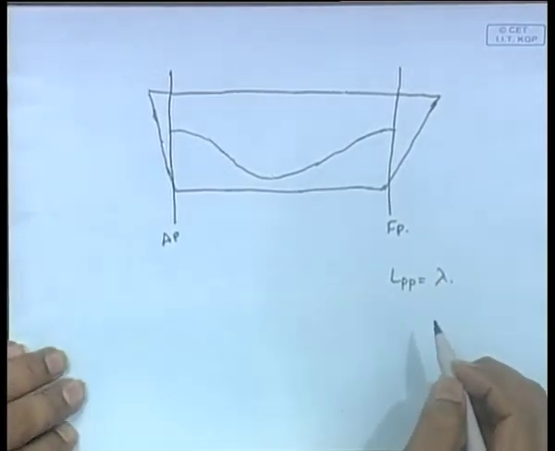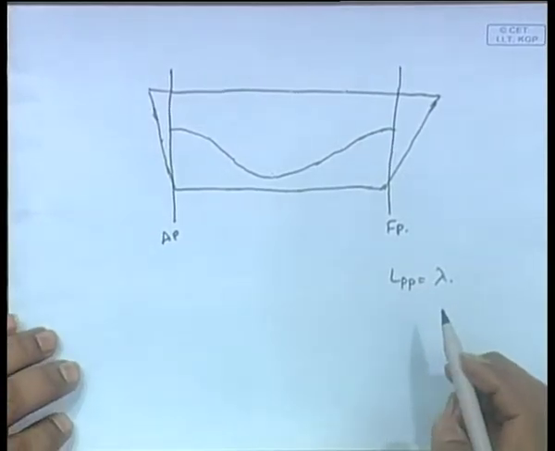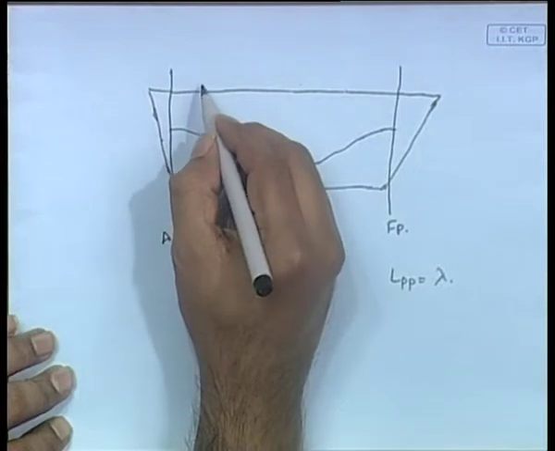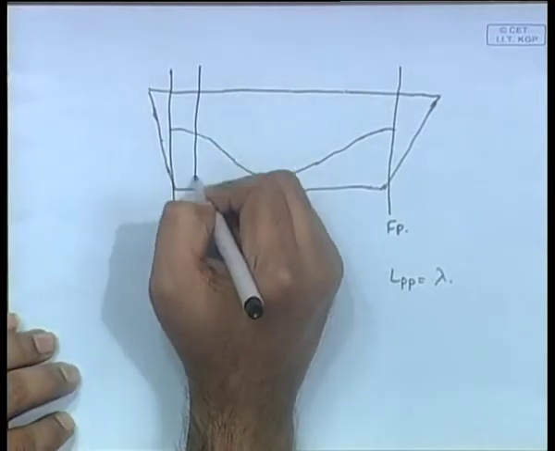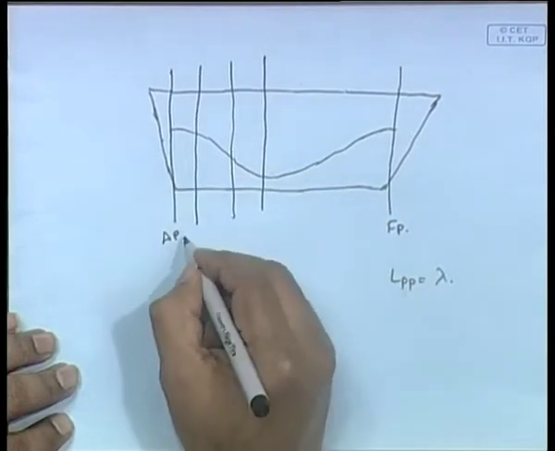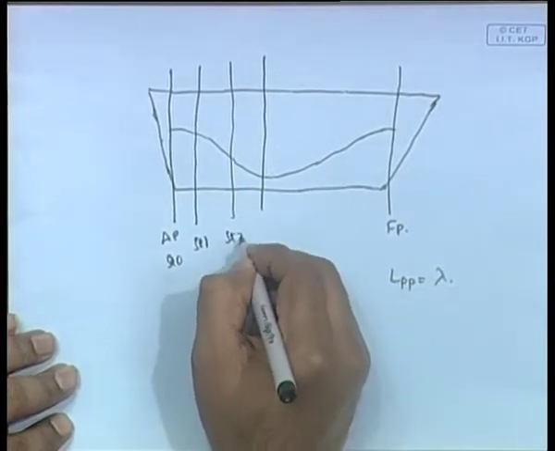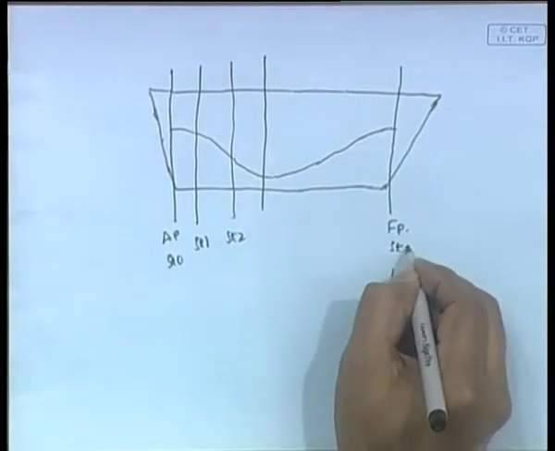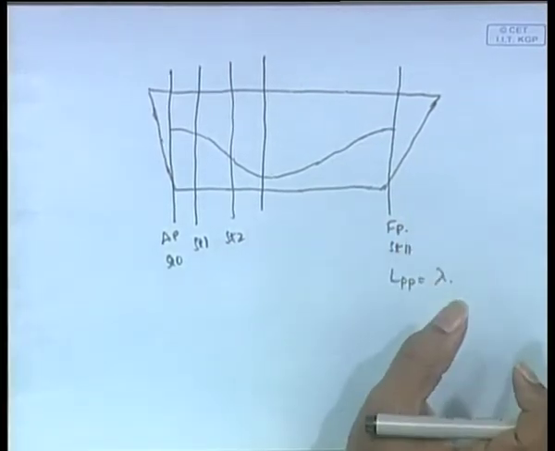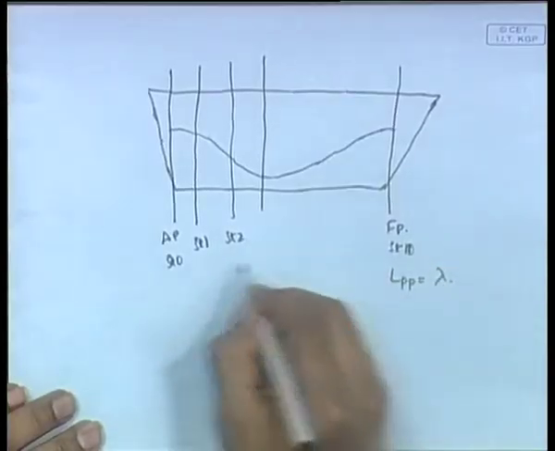Now, what we do next is divide the whole ship into a fixed number of stations. Let us assume we divide it into 10 intervals. So, like this you divide it into stations. We will call this station 0, station 1, station 2, and like that up to station 10, because 0 to 10.